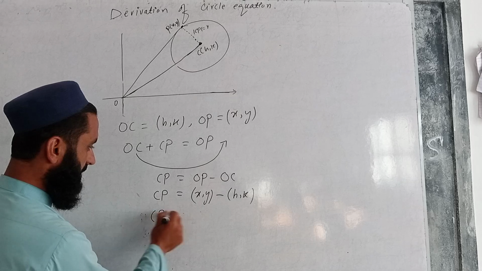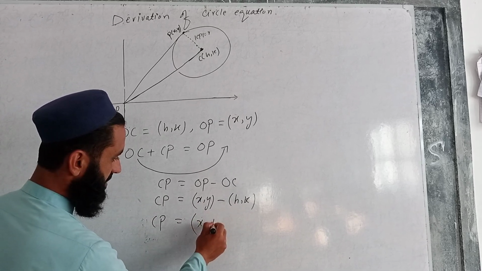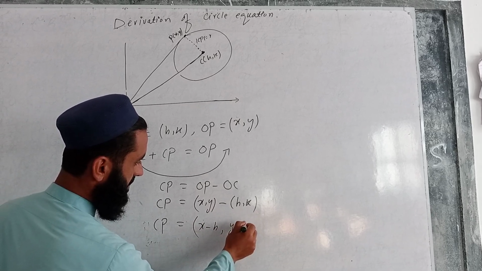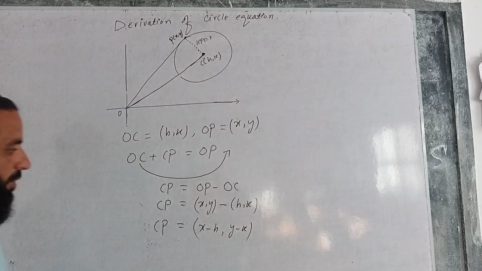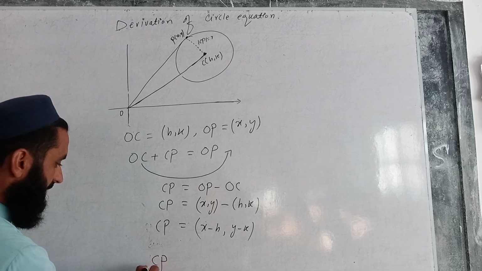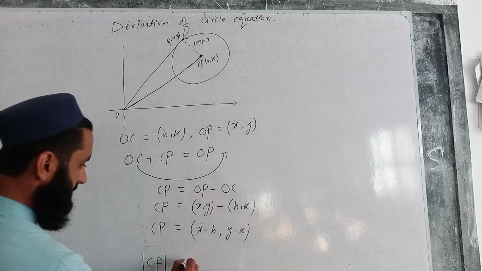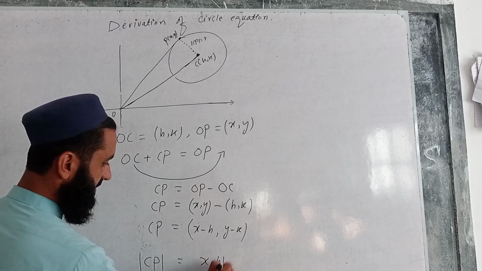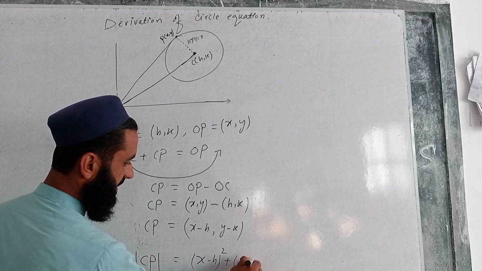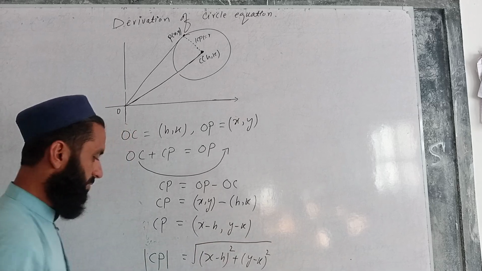So CP is equal to (x minus h, y minus k). Now apply the distance formula.